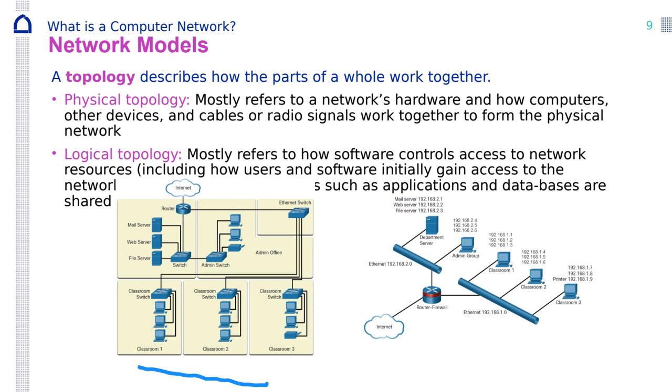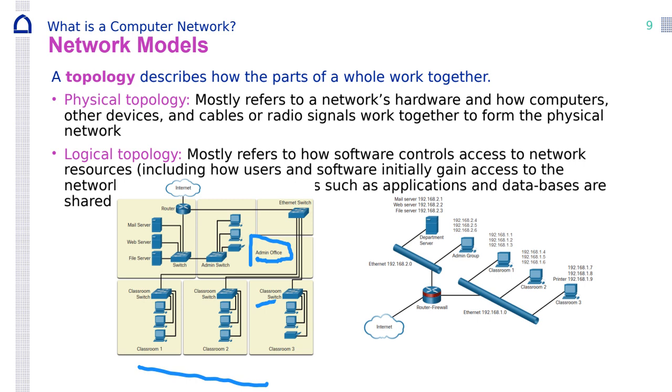Usually in the physical topology, you will find some information about the building itself, the physical location. So here we have admin office, classroom, classroom 1, maybe first floor, second floor. So this is physical topology.